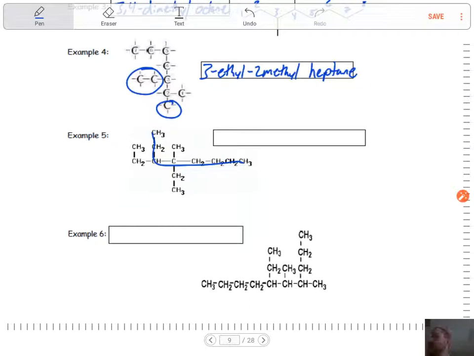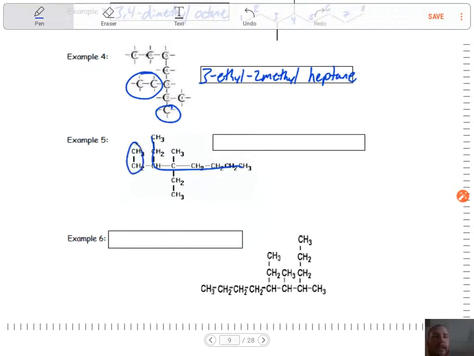Now start looking at the other ones. So we've got 2 carbons here, 2 carbons here. So I'm going to label them. 1, 2, 3, 4, 5, 6, 7, 8, because that's where my branches are going to be in the lowest number carbon coming off of. So ethyl comes first.